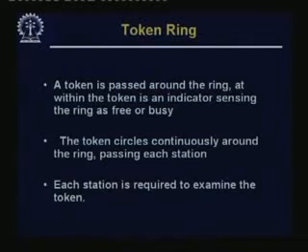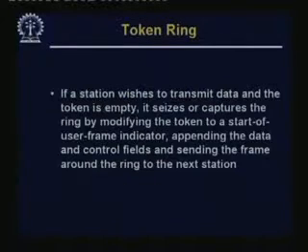Each station is required to examine this token. If a station wishes to transmit data and the token is empty, that means the ring is free, it seizes or captures the ring by modifying the token to a start of user frame indicator, appending the data and control fields and sending the frame around the ring to the next station.